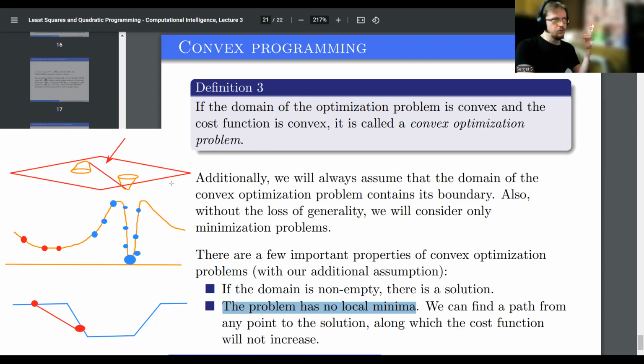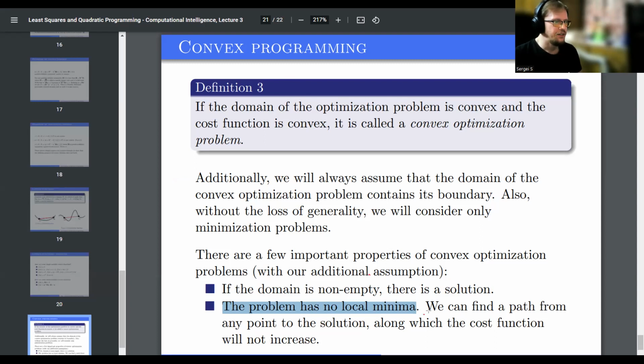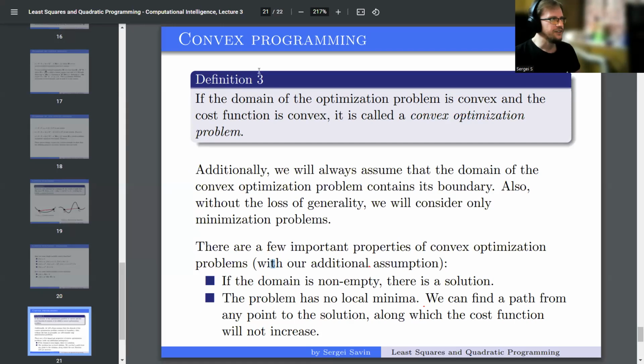Some of the function sticks out, is on top of the line. So convex functions are actually very nice. They are much easier to work with than general case functions. So that is the beauty of convex optimization. All right. That is the definition.